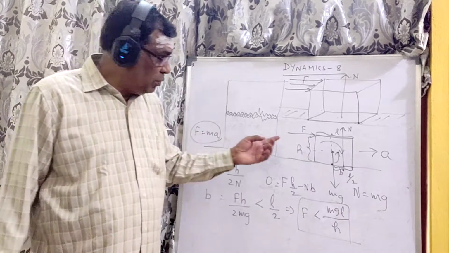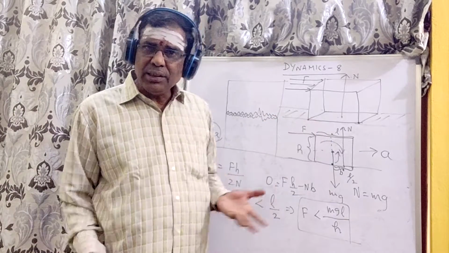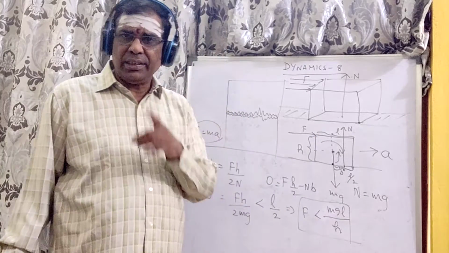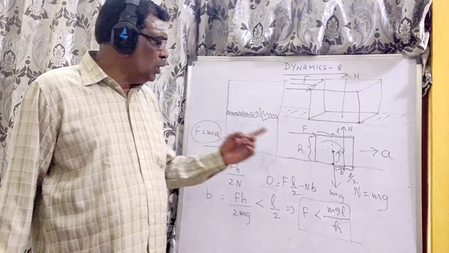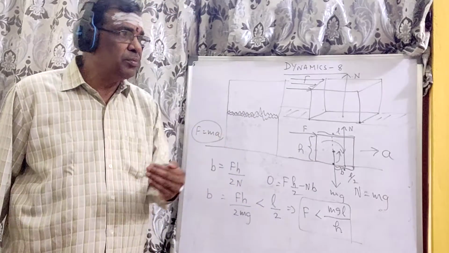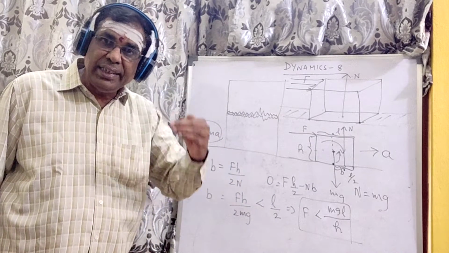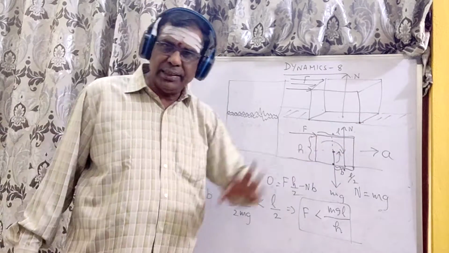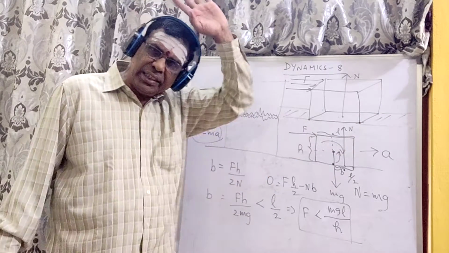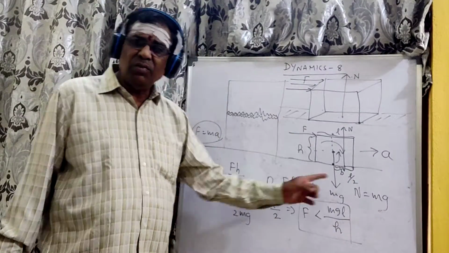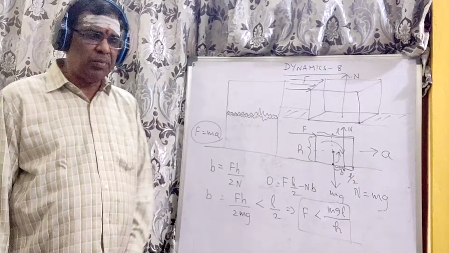Suppose when you apply, you go on increasing this force, definitely the body will accelerate. Number one. Number two, it will also have a tendency to topple. The toppling is in addition to the translation. A point that we will discuss much later, but still at this stage itself I want you to understand while learning normal force.